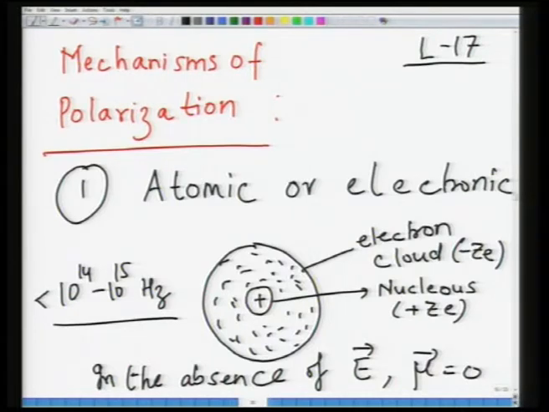In most of the practical applications, typically we are talking about the frequency range of 1 kilohertz to 1 megahertz, or maybe slightly higher, the gigahertz frequency range, but even at the gigahertz range, this mechanism is always going to be operative. So, this is a mechanism which is fundamentally present in most of the materials, simply because the frequency required for this mechanism not to operate is too high.